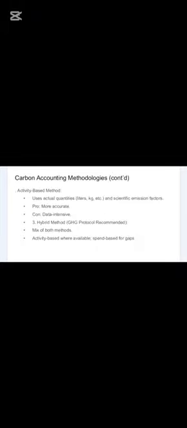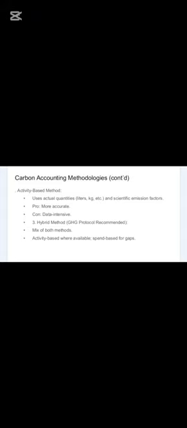The activity-based method. The activity-based method uses data to specify how many units of a particular product or material that a company has purchased. For example, it could be liters of fuel, kilograms of textile, and so on. Like the spend-based method, the activity-based method also uses emissions factor to determine an activity's emissions output.